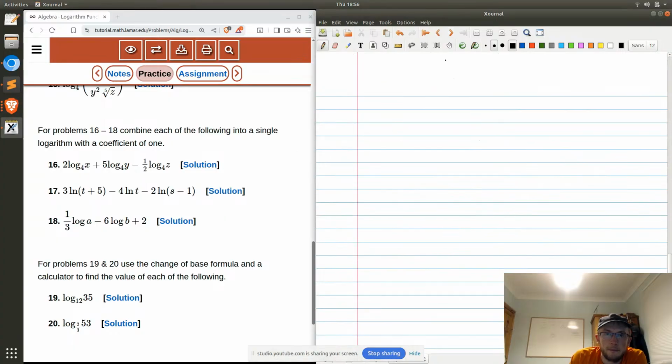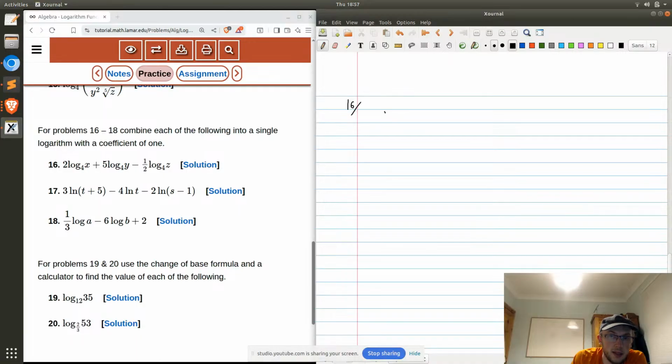Okay. Now for the 16th problem. Combine each of these into a single logarithm with a coefficient of 1. All right, that 2 would come up there. That 5 would come up there. That half would turn that into a square root. And then I'm dividing everything.